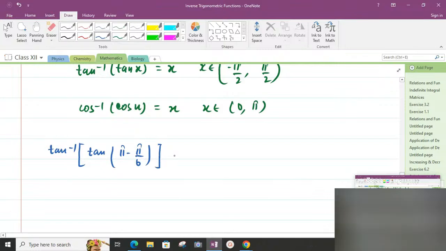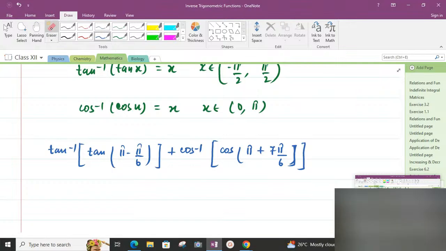After that we write down here cos inverse cos of 6 pi plus 7 pi by 6, equal to 13 pi by 6.